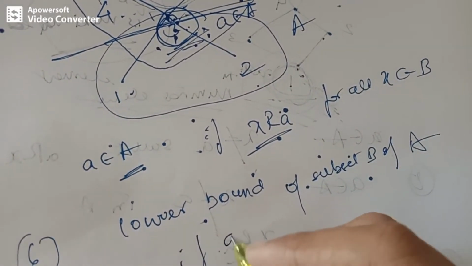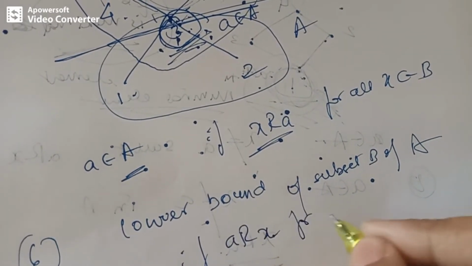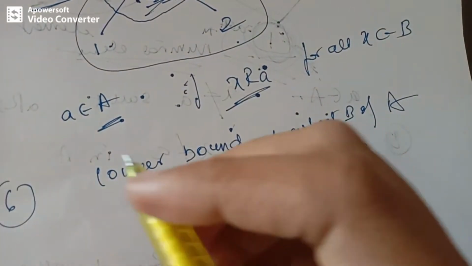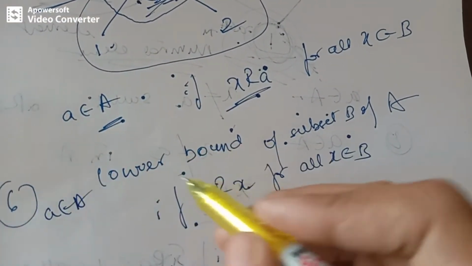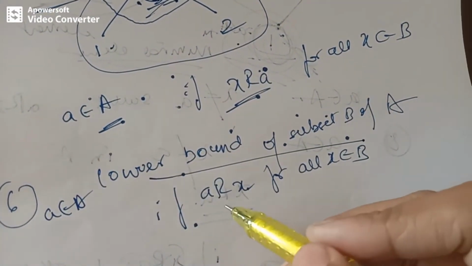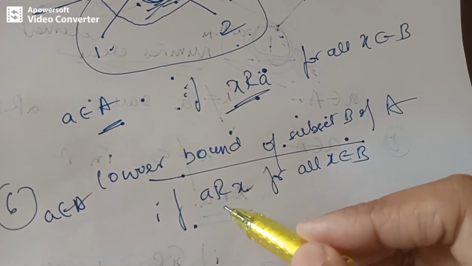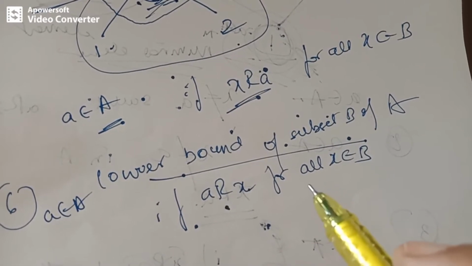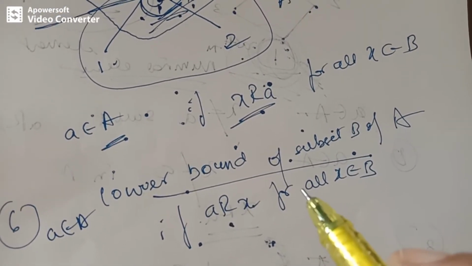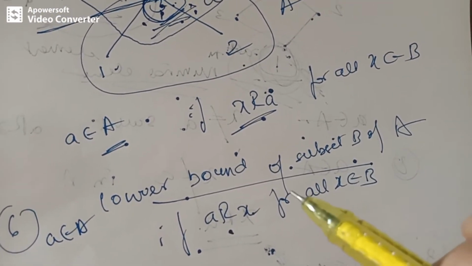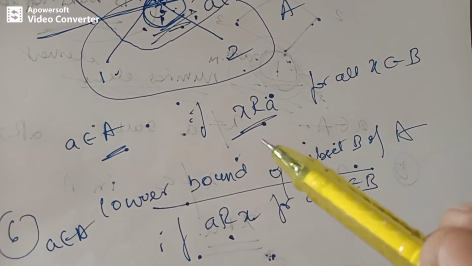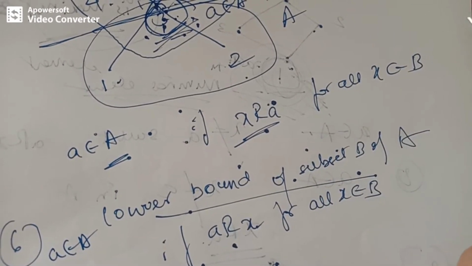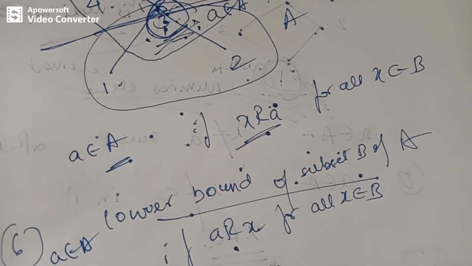That is, if a is related to x for all x belonging to B. Okay, we can say an element a belonging to A is called a lower bound if a is related to x for all x belonging to B. So which can I consider as a lower bound? That element must be related to all the elements in the set.